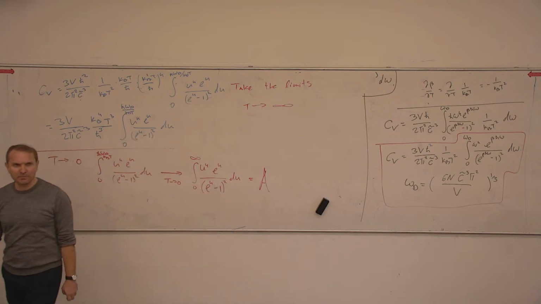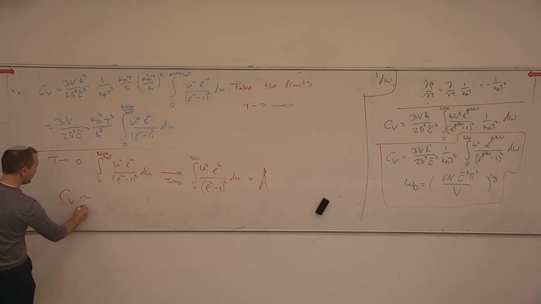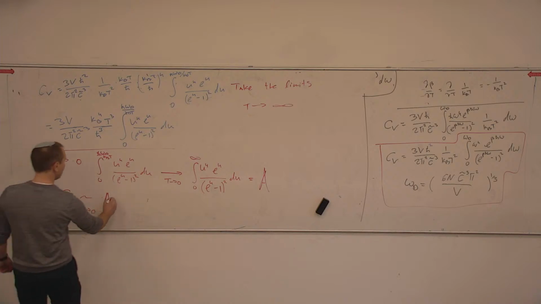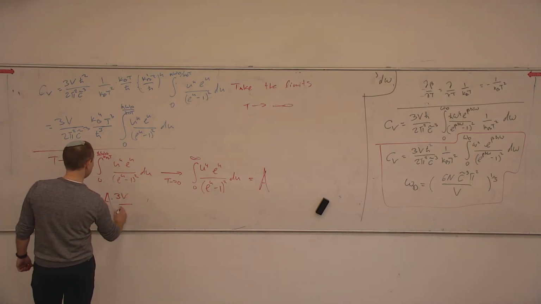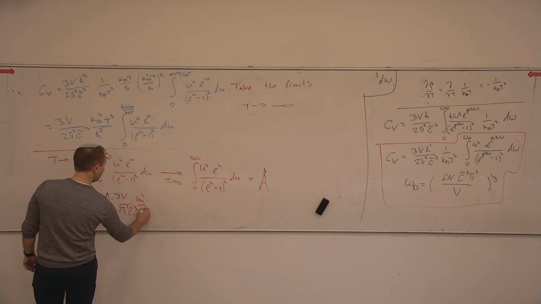This a is independent of the temperature, independent of anything. It's some number. So what we obtain is that Cv in the limit of small temperatures goes as this number a, multiplied by 3V divided by 2 pi squared c tilde to the third, k Boltzmann to the fourth, h bar to the third.